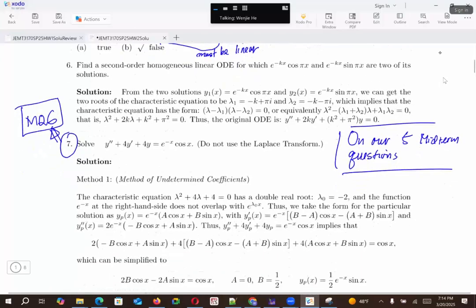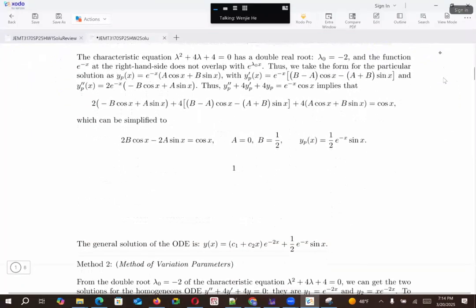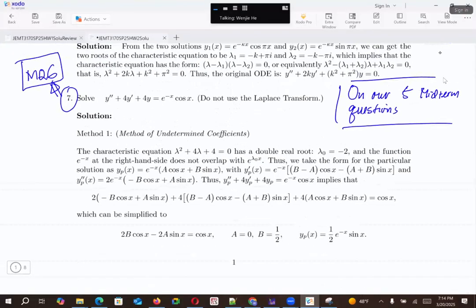The one I plan to use, although this one we can also use the choice rule, right? Because here YP, you write in this way. That's by the choice rule.